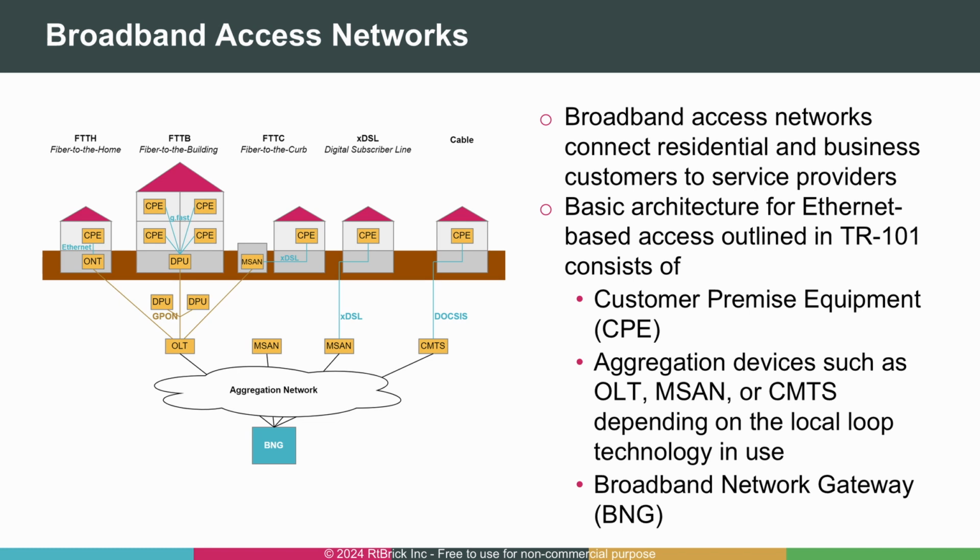If a flavor of digital subscriber line, xDSL, is implemented, the CPE usually has a DSL modem integrated and is physically connected to a multi-service access node, MSAN, which aggregates multiple subscribers. In the past, this system was called a DSL access multiplexer, DSLAM. The fiber-to-the-curb approach is similar to xDSL.